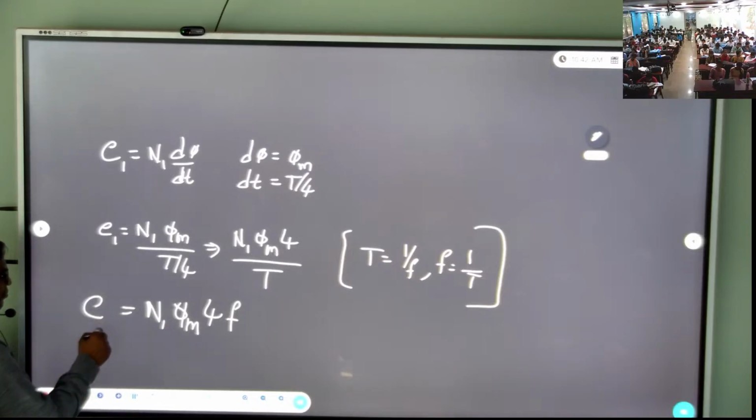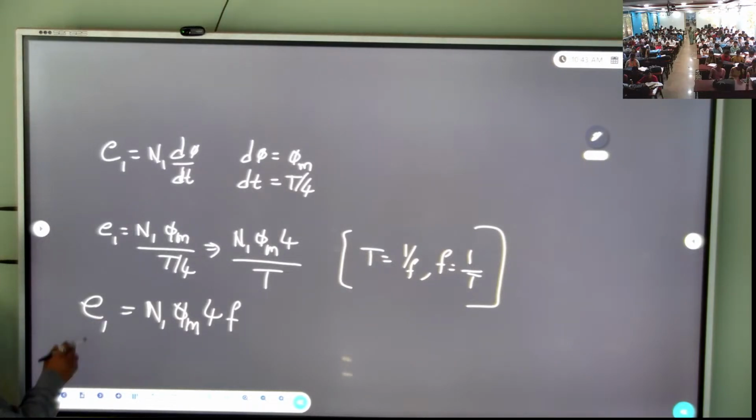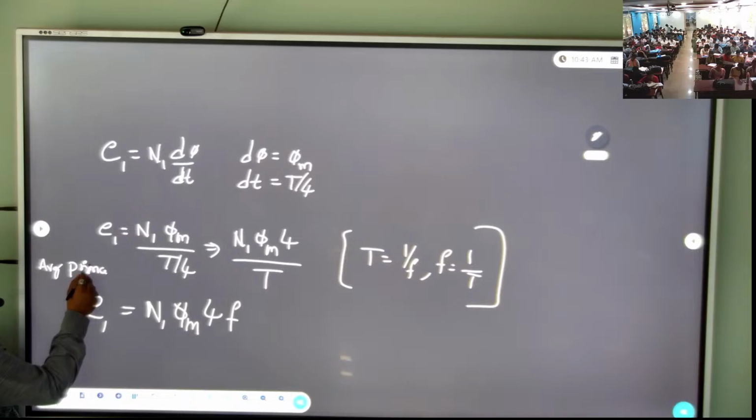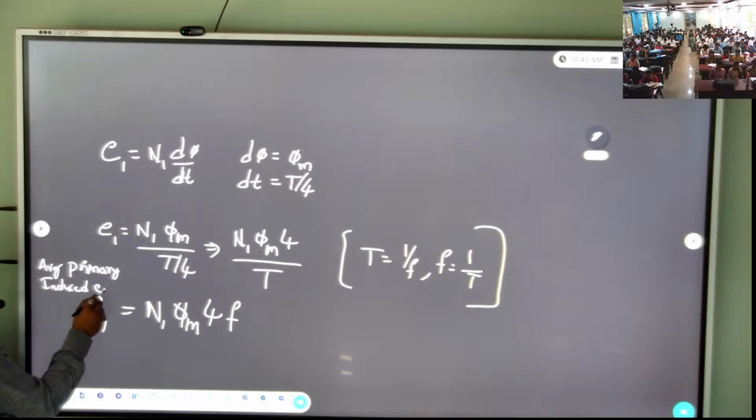E1 is equal to N1 pi m 4 F. So what is the name of this one, E1? Average primary induced EMF.